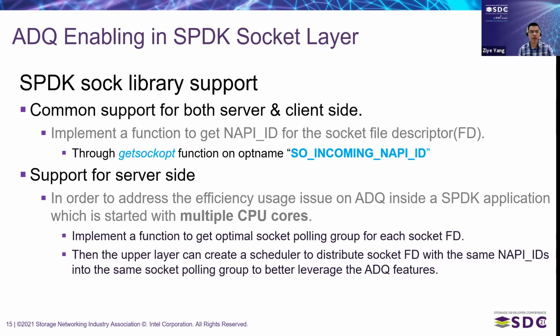Actually, the NAPI ID represents the hardware queues. Then the application can know which socket is created on which hardware queue. So then we can utilize this information to design a very good packet dispatching among different CPUs.